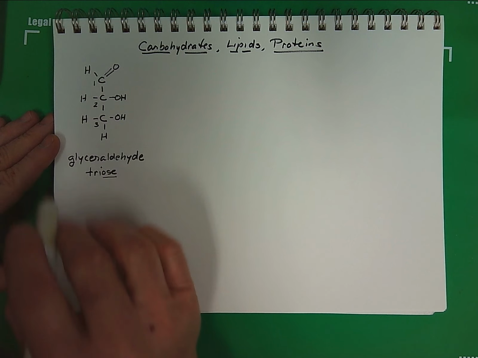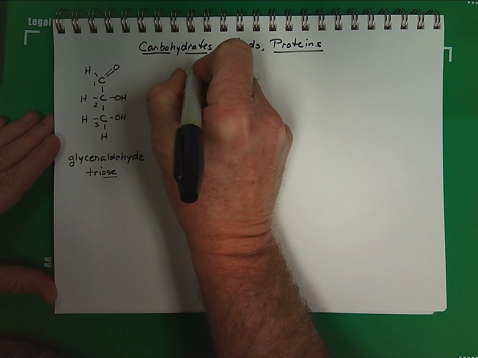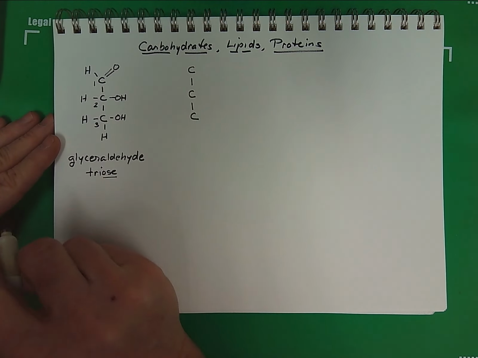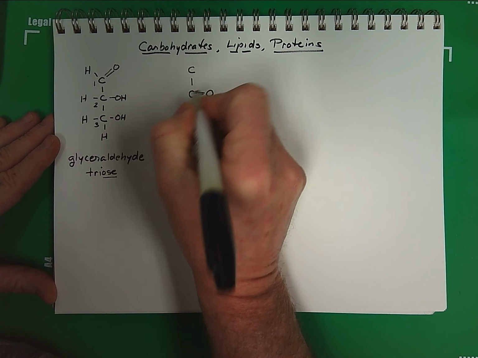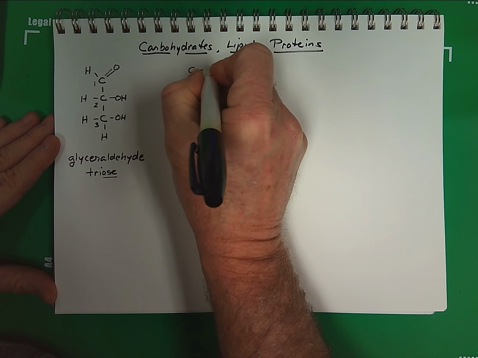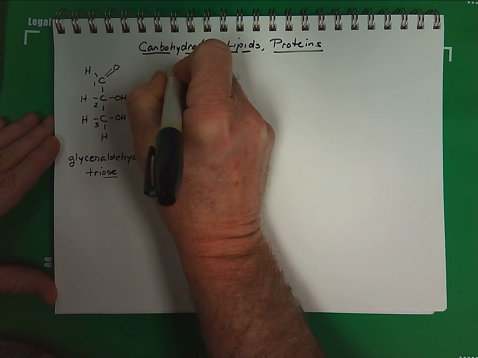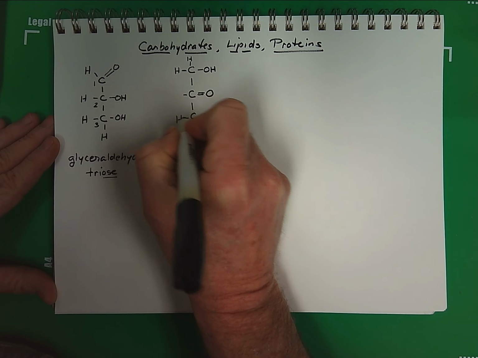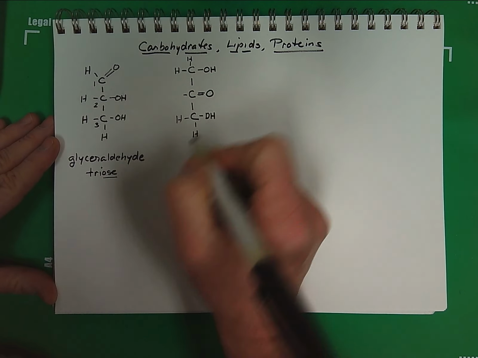Now, if we make a small rearrangement in the glyceraldehyde molecule, we would see that this 3-carbon backbone can be adjusted to form a ketone in the center of the molecule. Now we're just doing a functional rearrangement here, so we can rearrange these groups, the hydroxyl groups there.